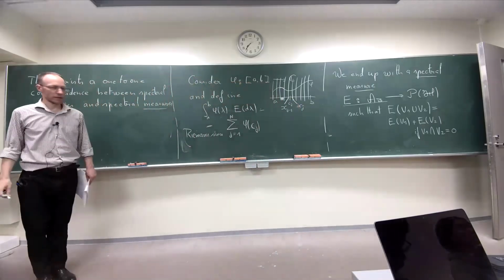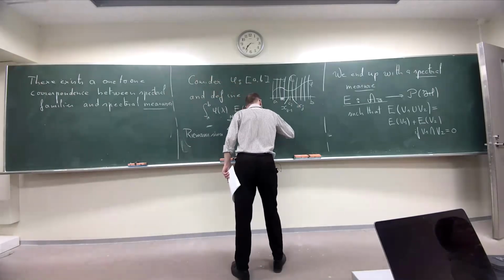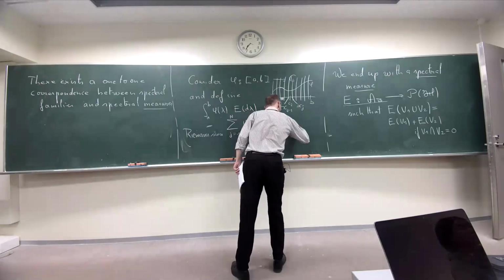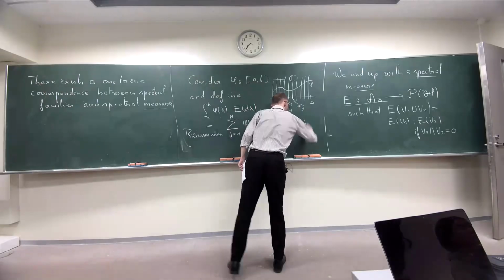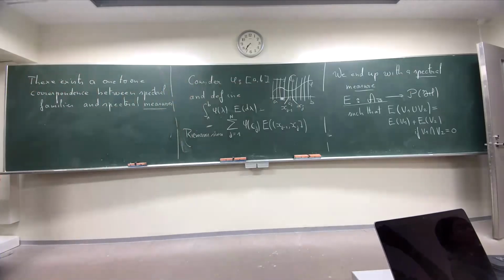Phi at a point Cj times E of this interval x_{j-1}, x_j, and do the sum. Of course, it's not completely trivial that you can take smaller and smaller intervals, but if phi is nice, it's going to converge.